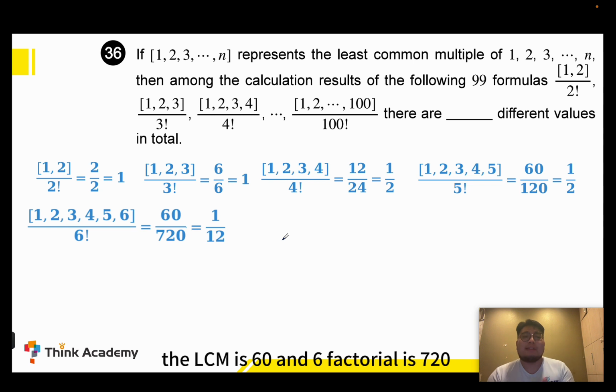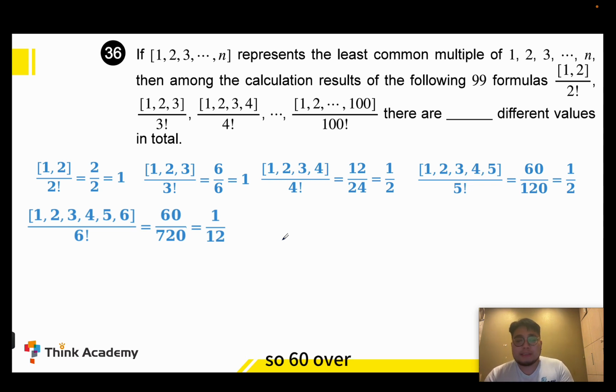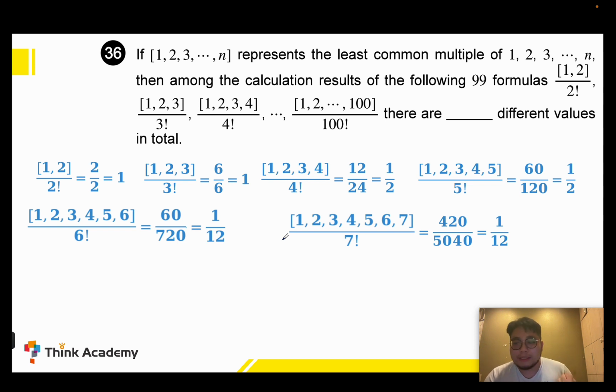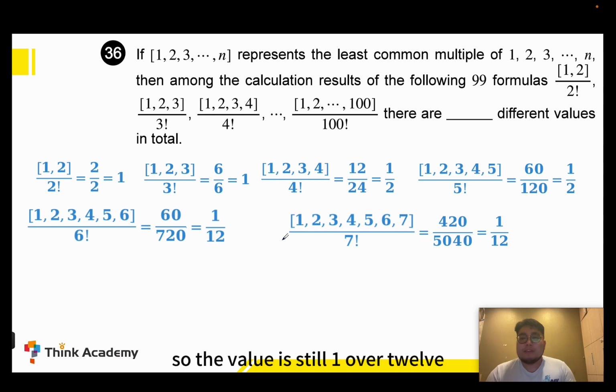The LCM of 1 to 6 is 60 and 6 factorial is 720. So 60 over 720 is 1 over 12. Now let's continue to 7. The LCM of 1 to 7 is 420, and 7 factorial is 5040. So the value is still 1 over 12.